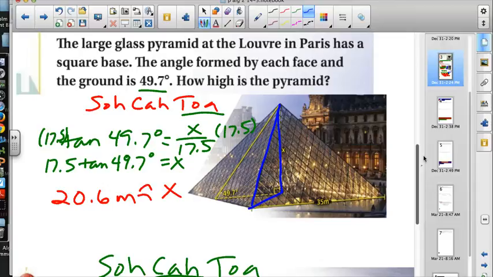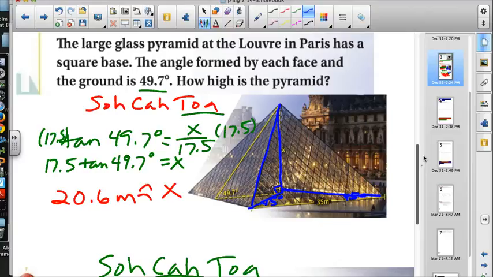And what we're going to know is this is definitely going to be a right angle right here in the corner. And then we think, okay, well, how could we get any of this information that we need here? Well, this is a square base. So if we're going to cut this way, we are going to create a couple of 45, 45, 90 triangles here.